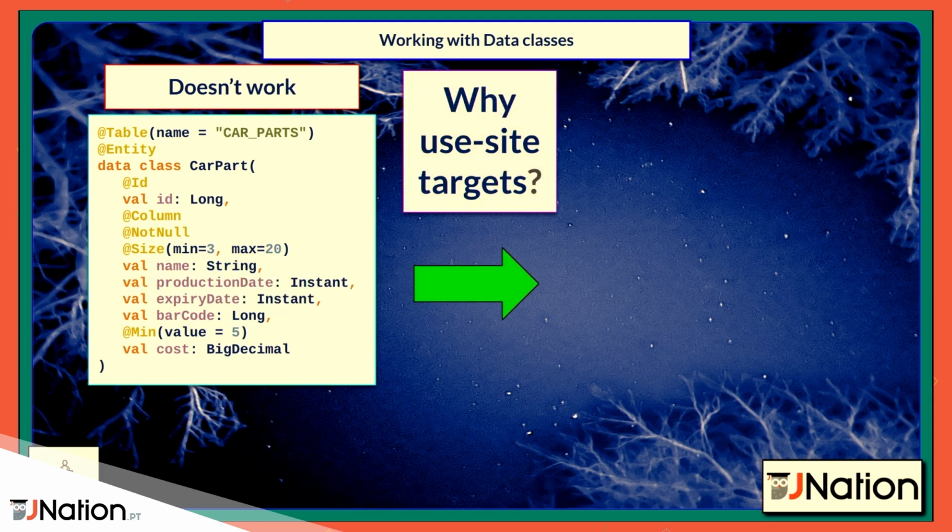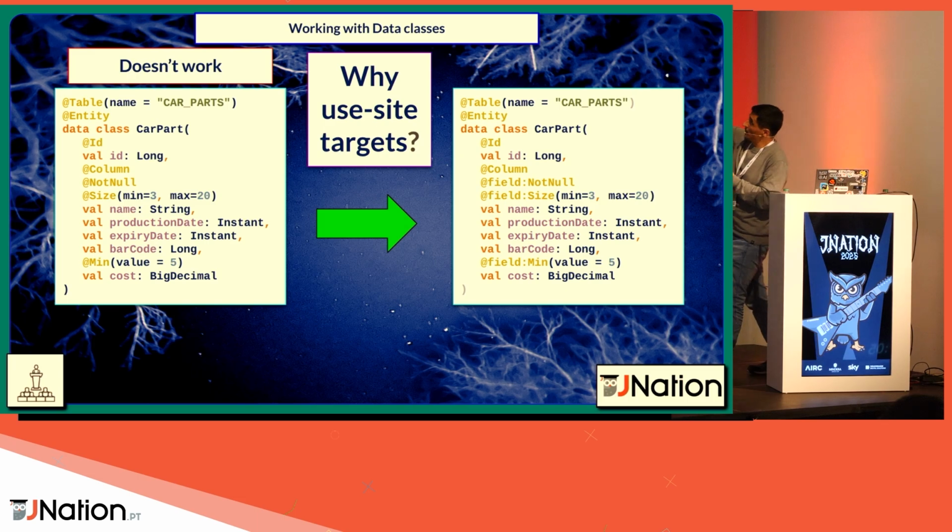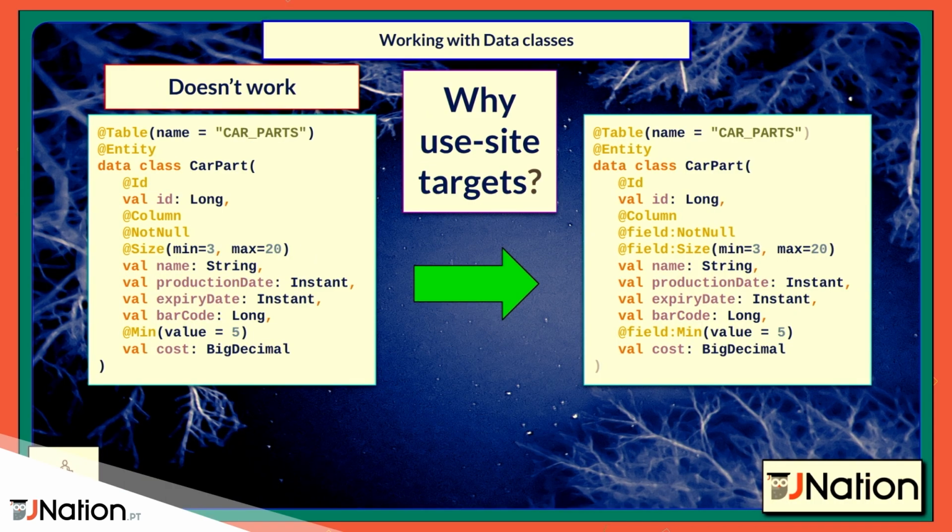So why would we use use-site targets? To define precisely where we want to use them. But there was also another confusing thing. We realized that using field in some was important, and in others it was working, and there was no real reason why it would work in one case and not in the other case.